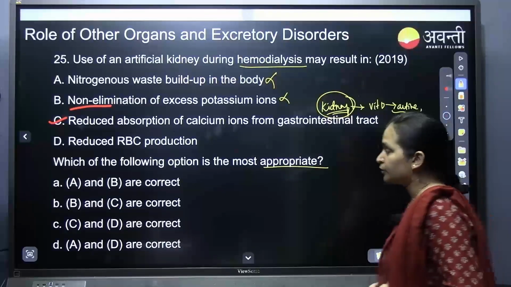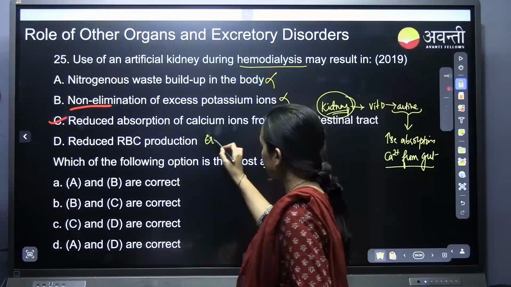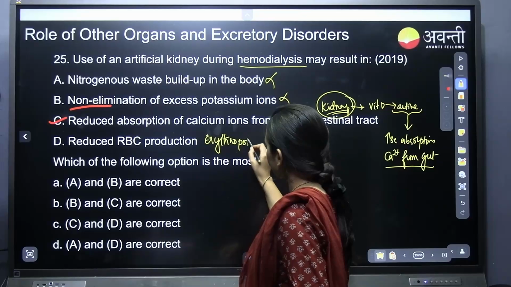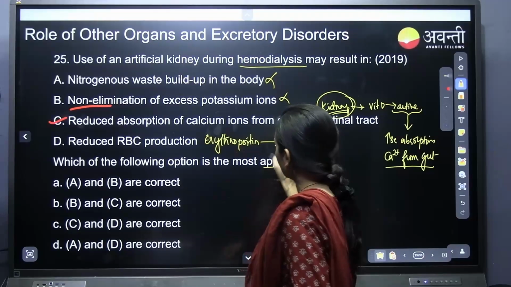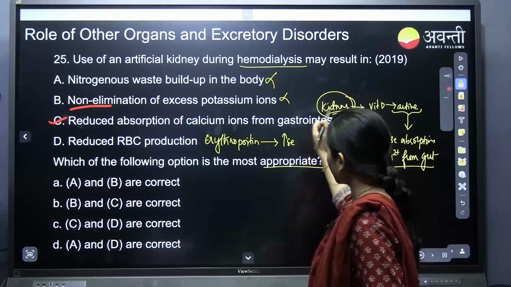Reduced RBC production. What does the kidney do? Actually it releases erythropoietin. What does erythropoietin do? It increases the production of RBC.